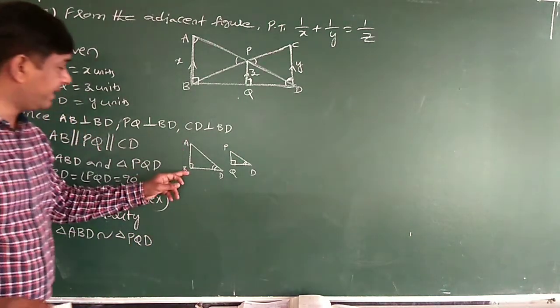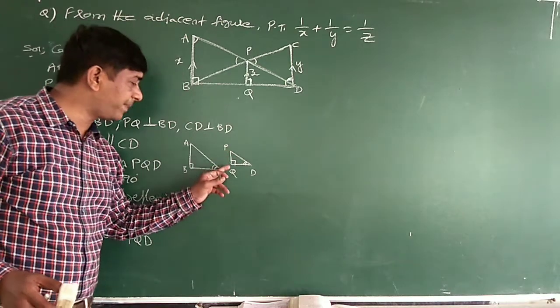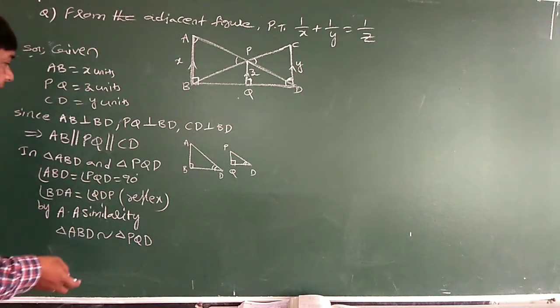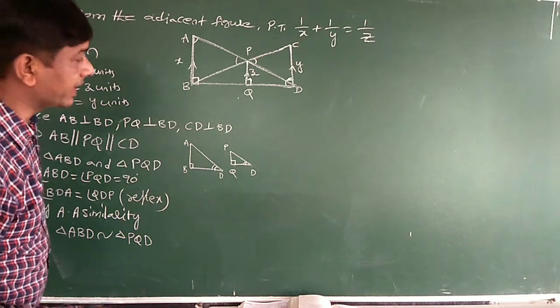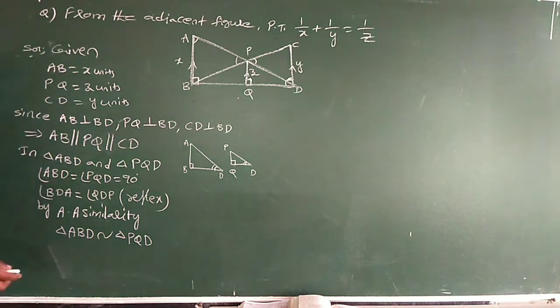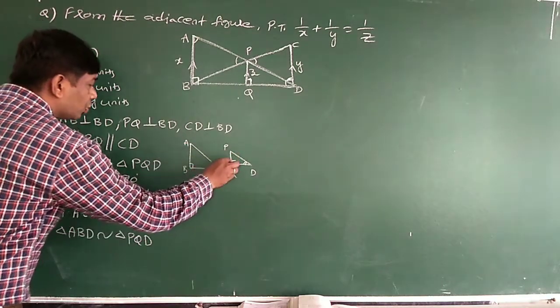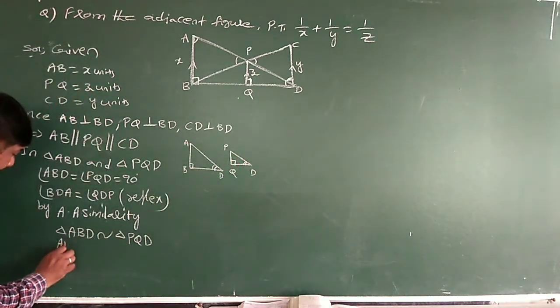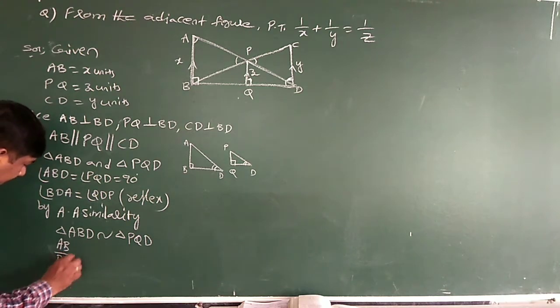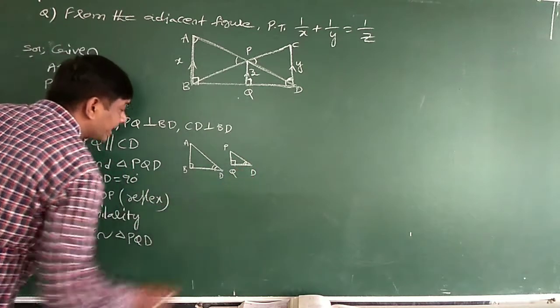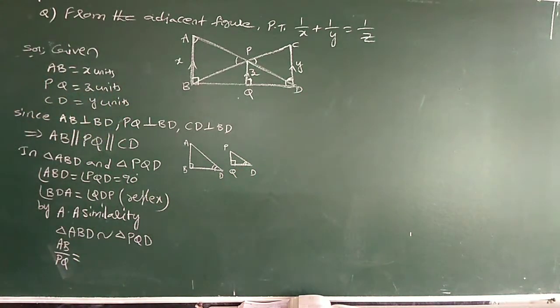By the similarity property, AB by PQ is equal to BD by QD.